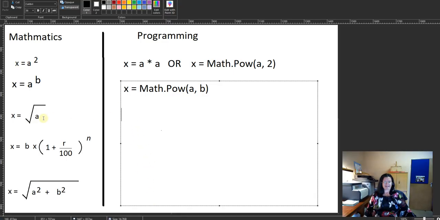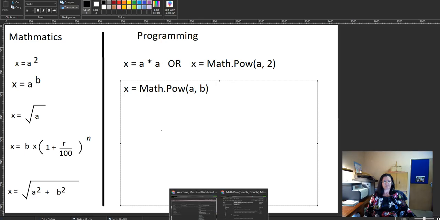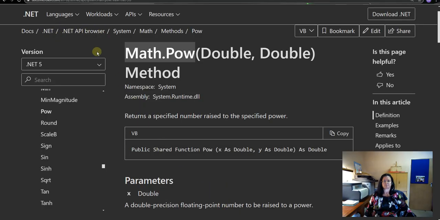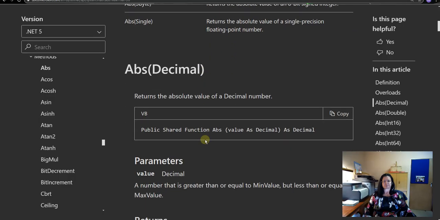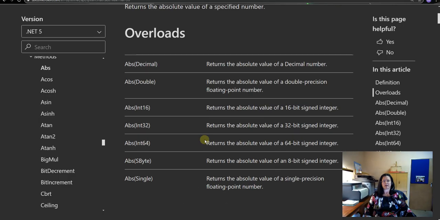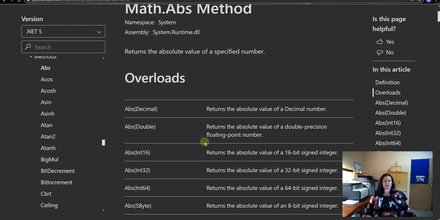If I look at the third example over here, x is equal to the square root of a. If I go back to the list of methods, and VB is still selected, then I've got lots and lots of methods. Let me just quickly find what I am looking for.